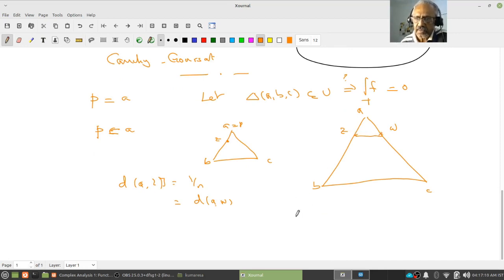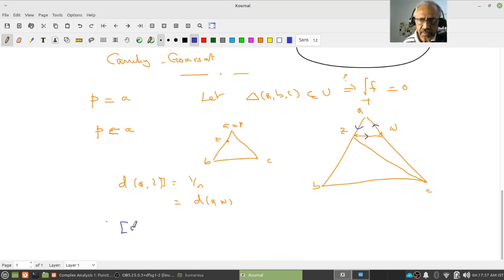What I want to do is something very simple. I want to break this into three triangles. So that is A to Z and Z to W and W to A. So I have one triangle.